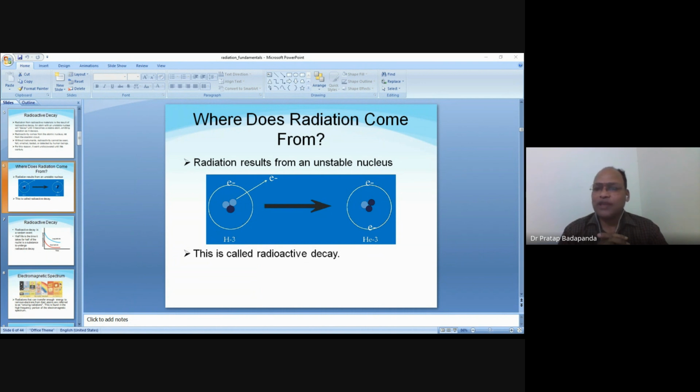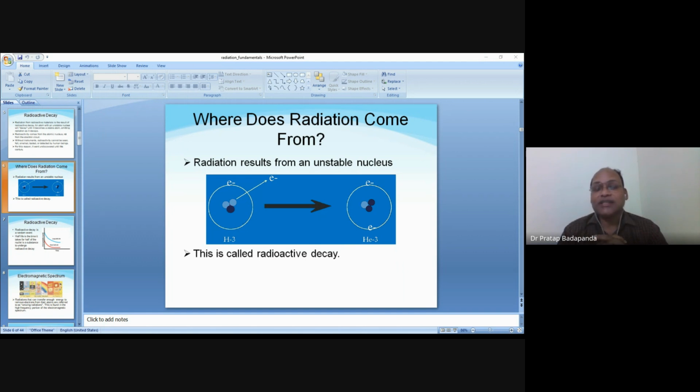So in tritium, I told you the atomic mass is 3. Atomic mass depends upon protons and neutrons, so one proton and two neutrons are there in the H3 molecule. Then what will happen? It wants to lose its energy.